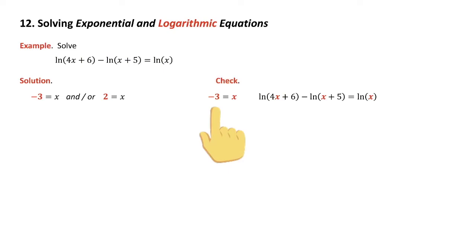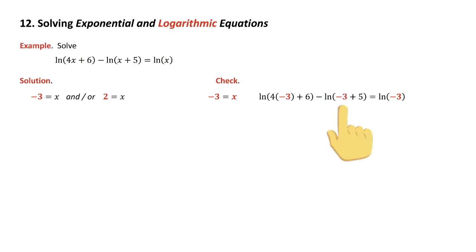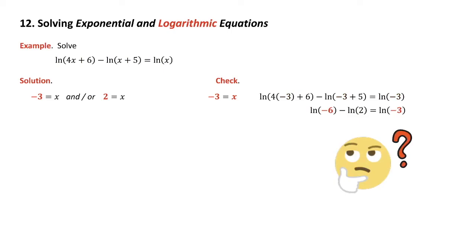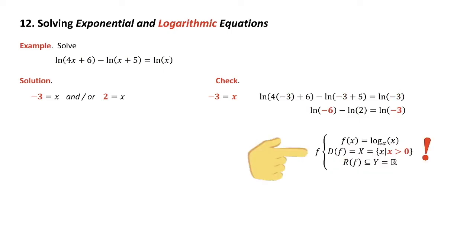Notice if I put minus 3 in here for x, look what happens. Put minus 3 in for all the x's. Does that make sense? No. What goes in the logarithm, remember, logarithm is a function. What goes in the logarithm has to be positive.